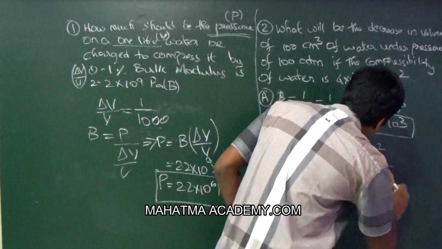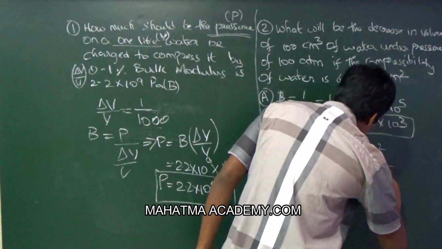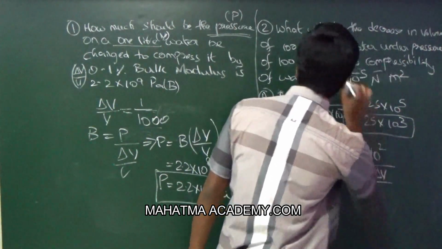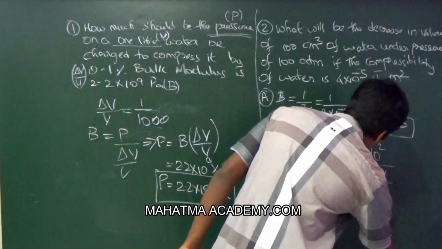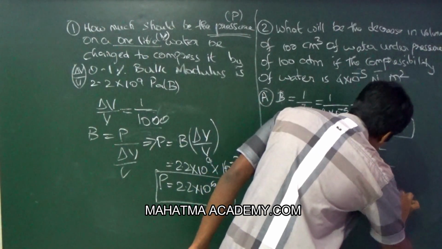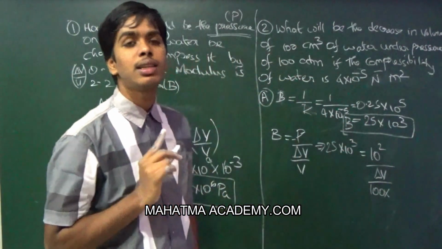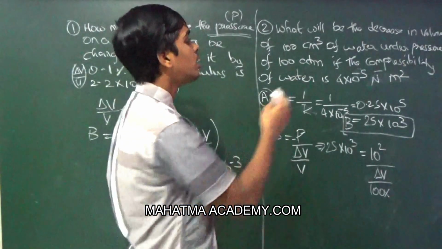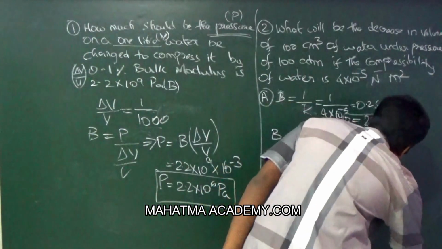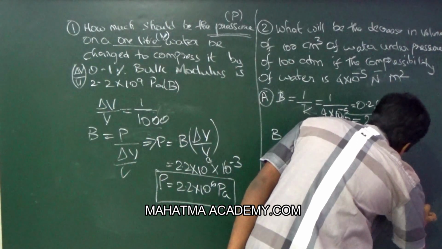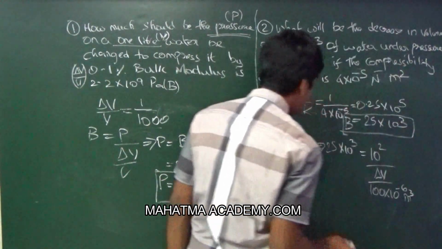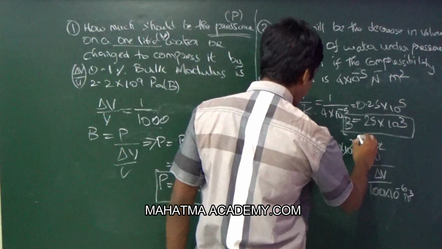So we want to convert it to meter. 1 centimeter is 10 to the power of minus 2 meter. So it is cubed, so 10 to the power of minus 6 meter cubed. From this, this one cancels the square.